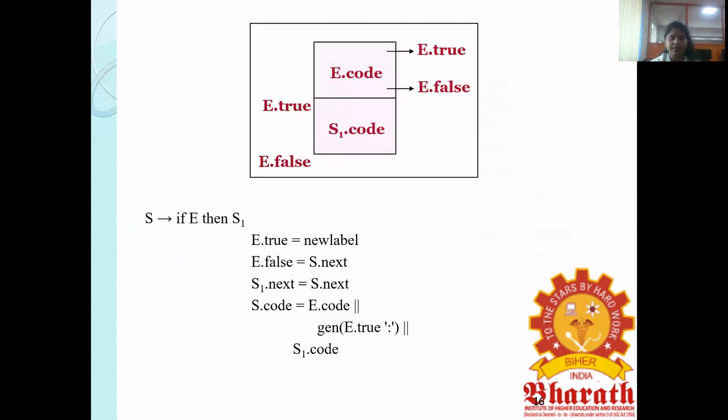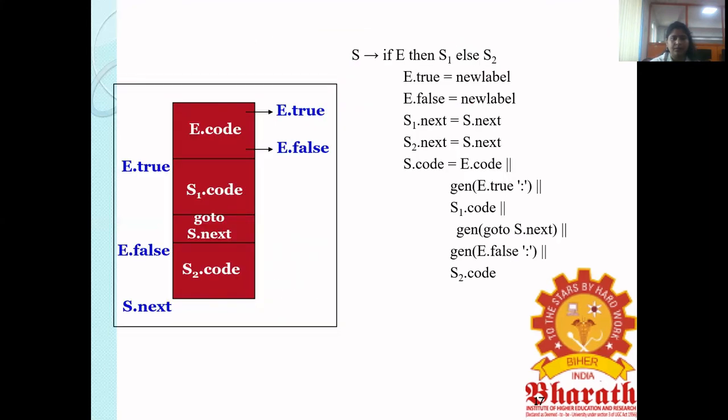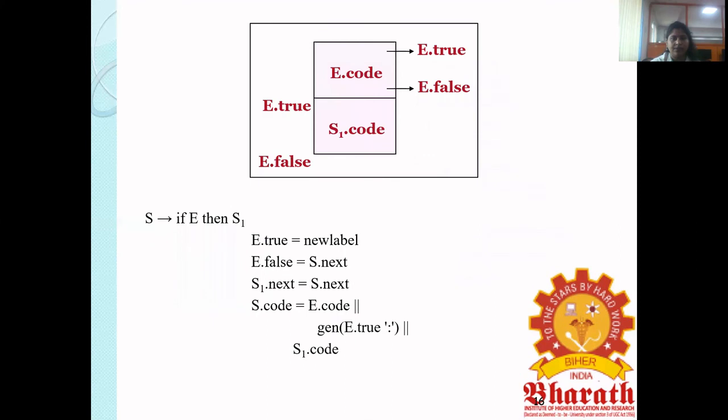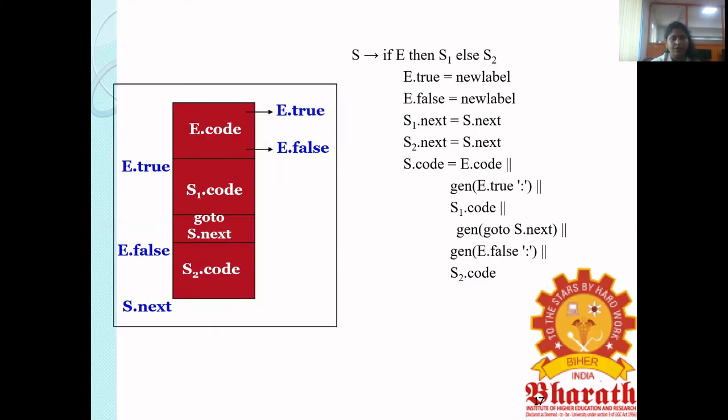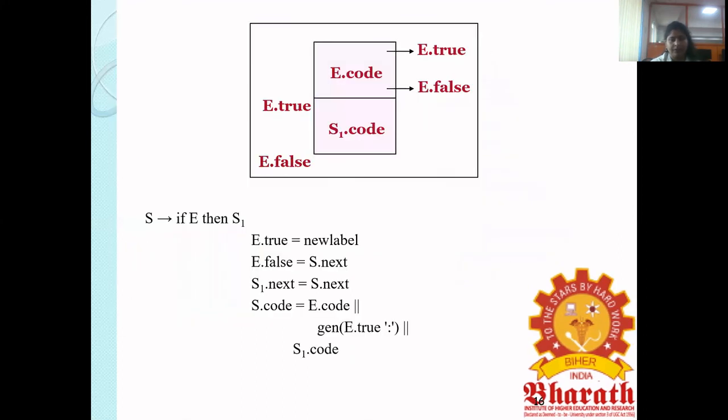So this is the difference between if E then S1 and if E then S1 else S2. In the if statement, there is no need to assign a value for E dot false, because it is not going to execute a false branch.